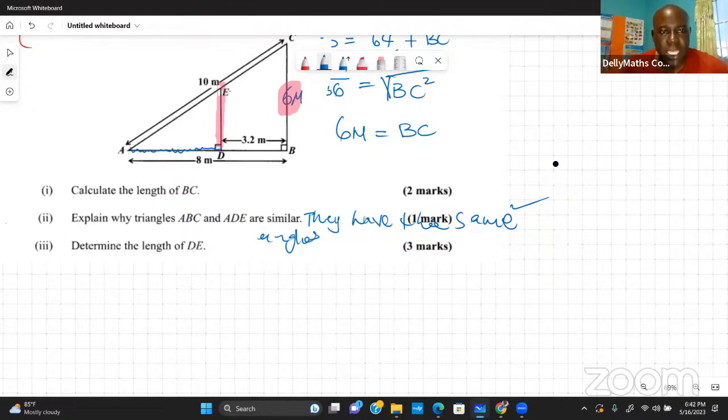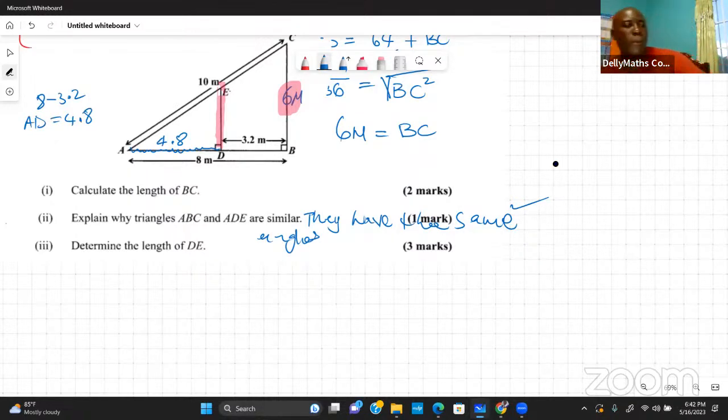A to B links to A to D. So those are like what we call image and object. So here is the deal. Would you agree that if I want to find AD, I will simply say 8 minus 3.2, and I'm going to get 4.8 for AD? A to D is simply 4.8. Tell me if you agree.